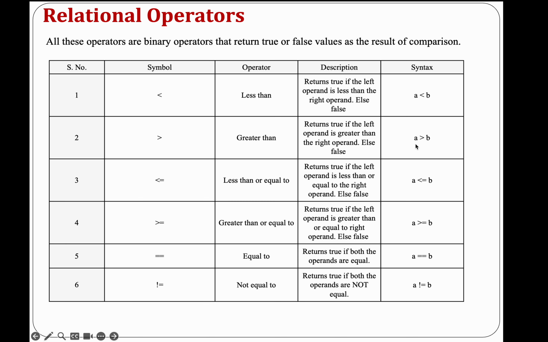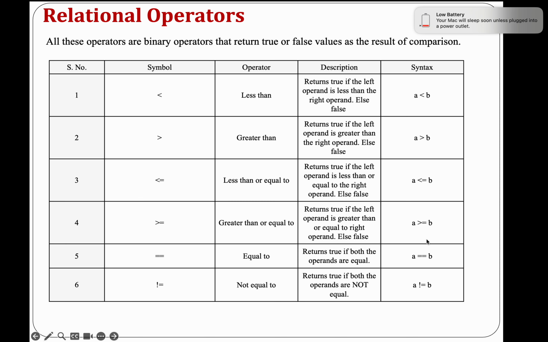If the left operand is greater, you can use the greater than symbol. For less than or equal, assume A value is 5 and B value is also 5. Is 5 less than or equal to 5 true? Yes, it's true. Either it should be less than or it should be equal. That's what the operator is saying.